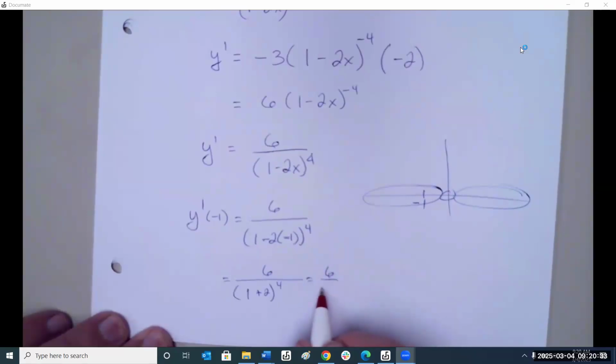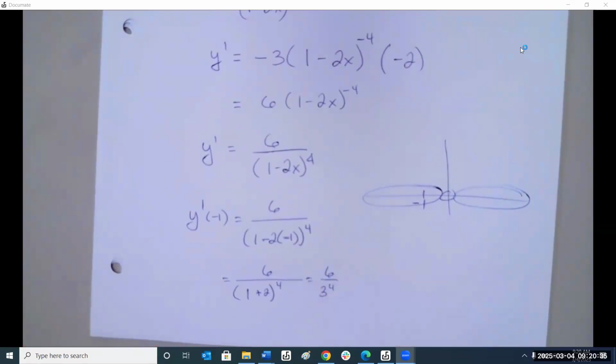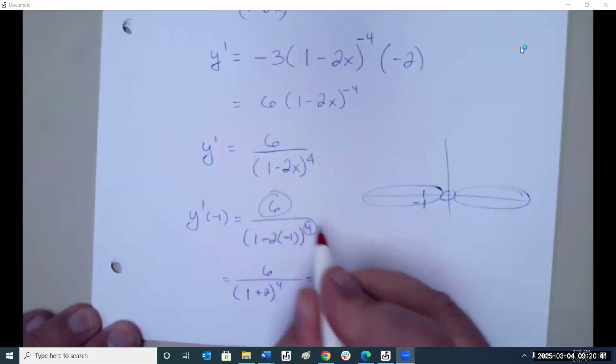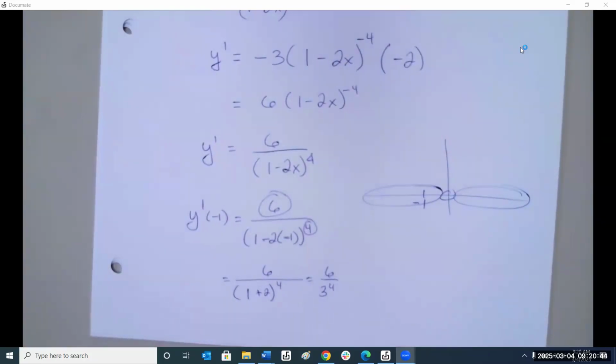So it's 6 over 3 to the fourth. Are there any negative numbers in there? No. Because the top is positive and the bottom has a positive exponent, it's always going to be positive. So every point you put in there is going to give us a positive slope, because the top and bottom are both positive.